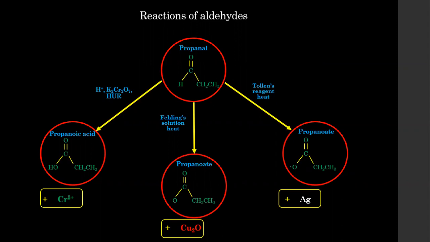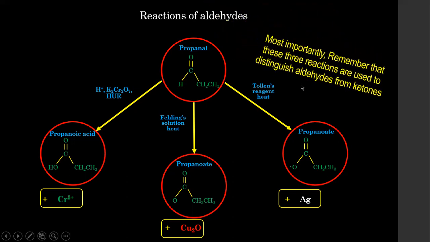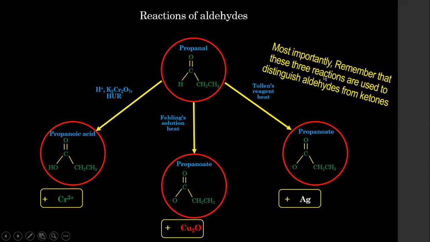Know what reagents are going to be used, what conditions are used, and the reasons why we use these conditions and reagents. Also, all these three reactions are of the redox type. And most importantly, you should know why we discuss these reactions. It is because these three reactions are used to distinguish aldehydes from ketones.